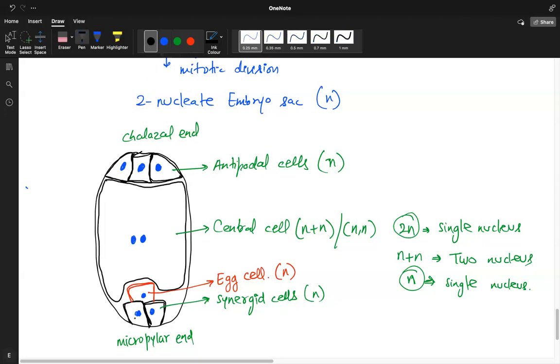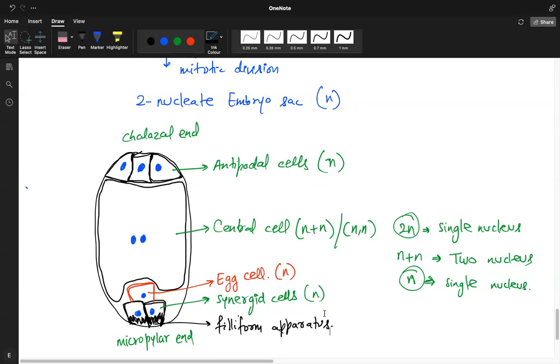I'm making the thickening using the same black color. So it looks something like this, okay? Like a finger-like projection. And that is called the filiform apparatus. It actually is an extension of synergid cells only. It is not an independent cell in itself.